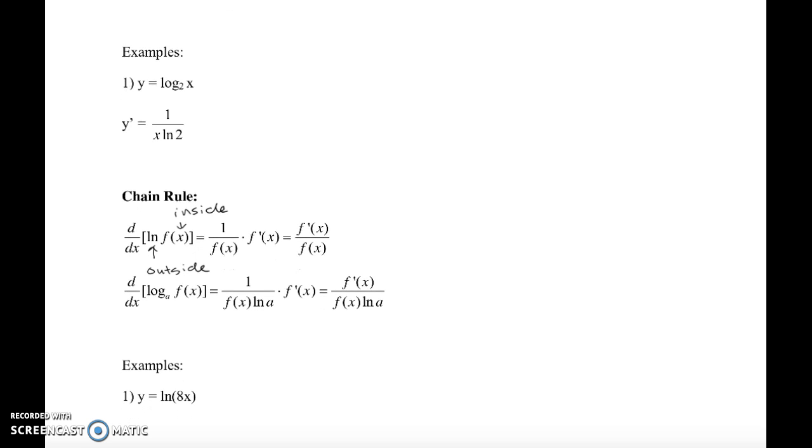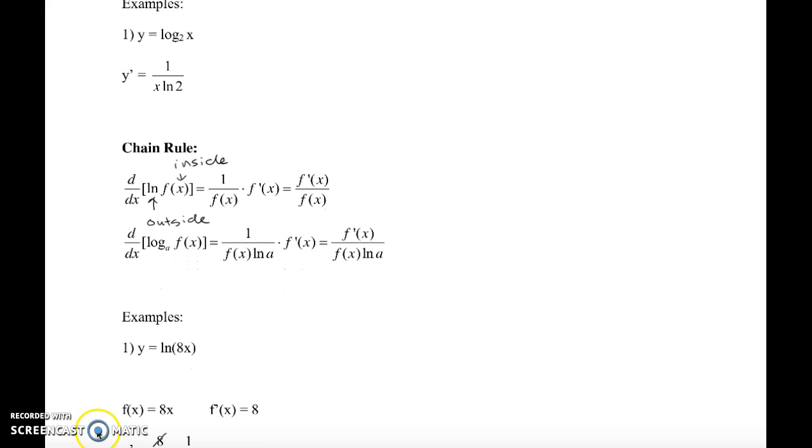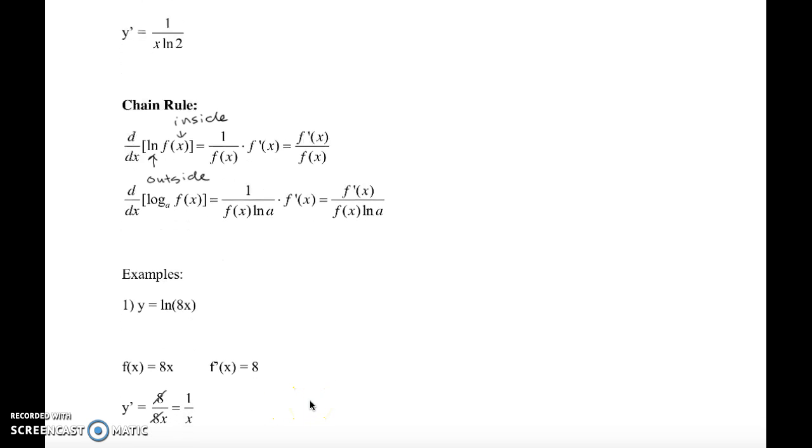Okay, so let's look at y is equal to ln of 8x. So now we have the ln of something that's not just only x. So what we want to do with this, we know that we're going to consider our inside function to be 8x, and the derivative of 8x is just 8. We're going to go ahead and plug it into our formula for ln.